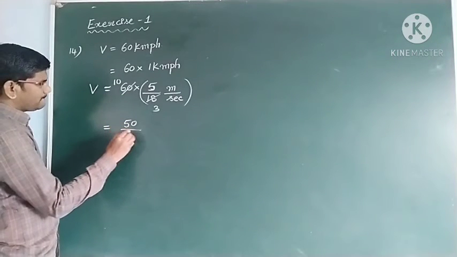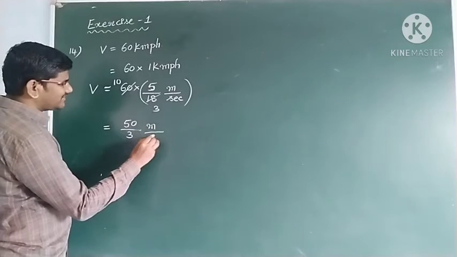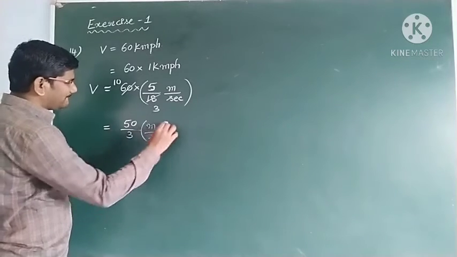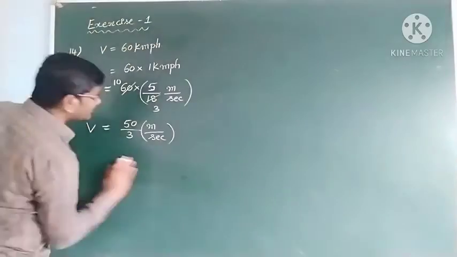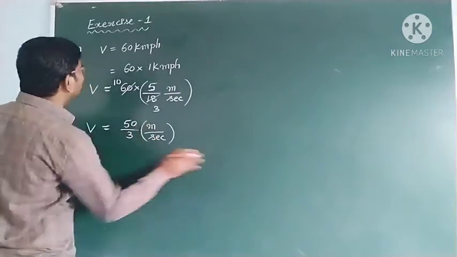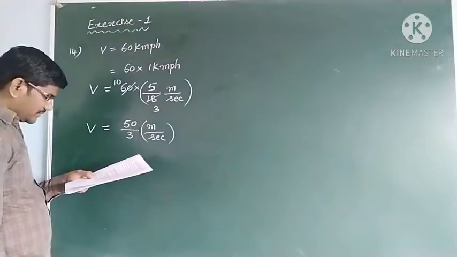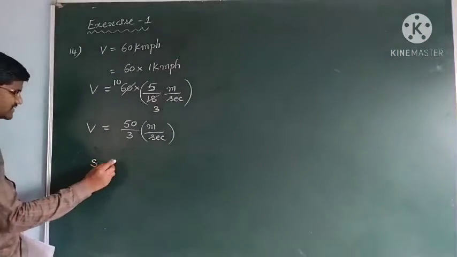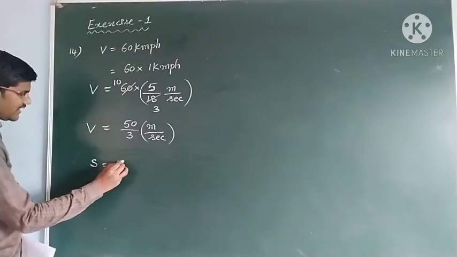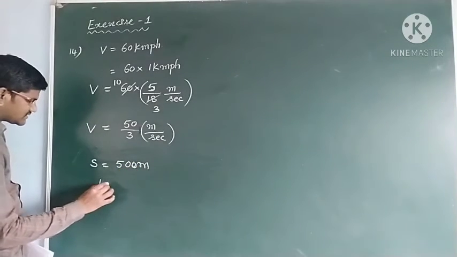Then 50/3 meters per second. So V is equal to 50 by 3 meters per second, we got it. That is the speed value for 60 km/h. And distance they have given, S is equal to 500 meters. Okay students, question mark is time.